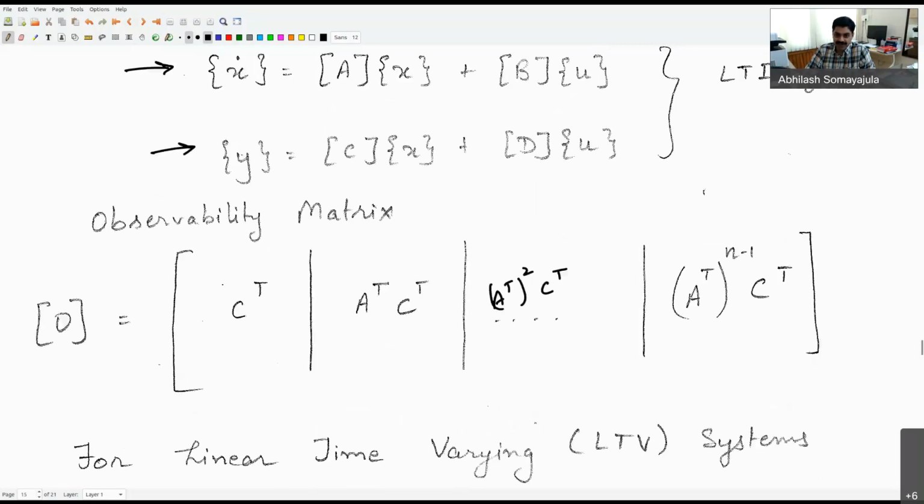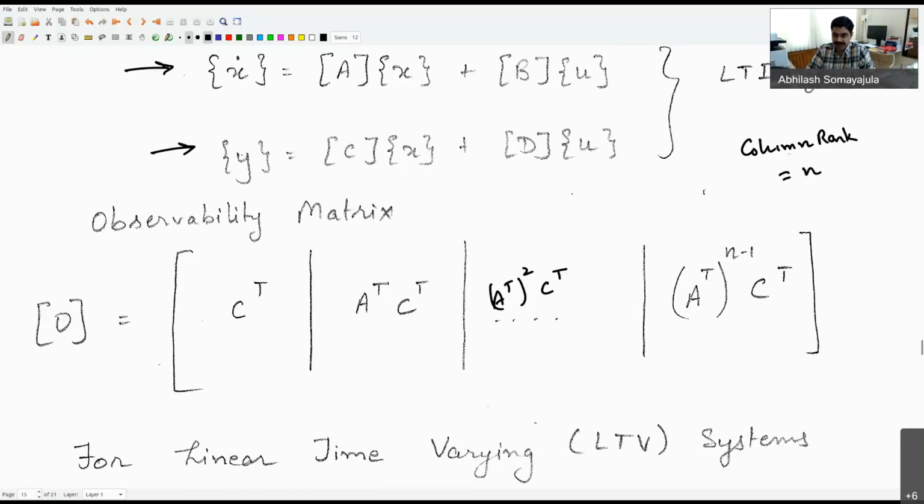Now, as long as the column rank of this matrix is n, which means it does not have more than n independent columns, the system is observable.